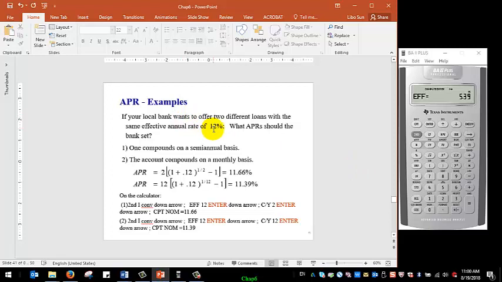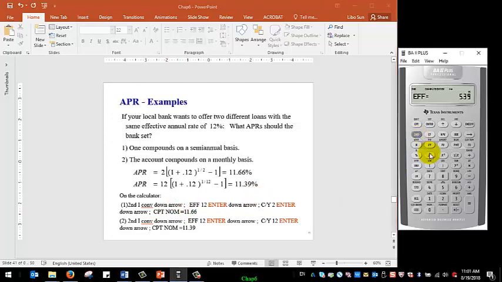Example, if a bank wants to compare two loans, they want both of them to have the same EAR of 12%. So what APR should we set? One is semi-annual, one monthly. I'm just displaying one calculator for the first one. So here, the 12% EAR, we're looking for the APR, NORM.